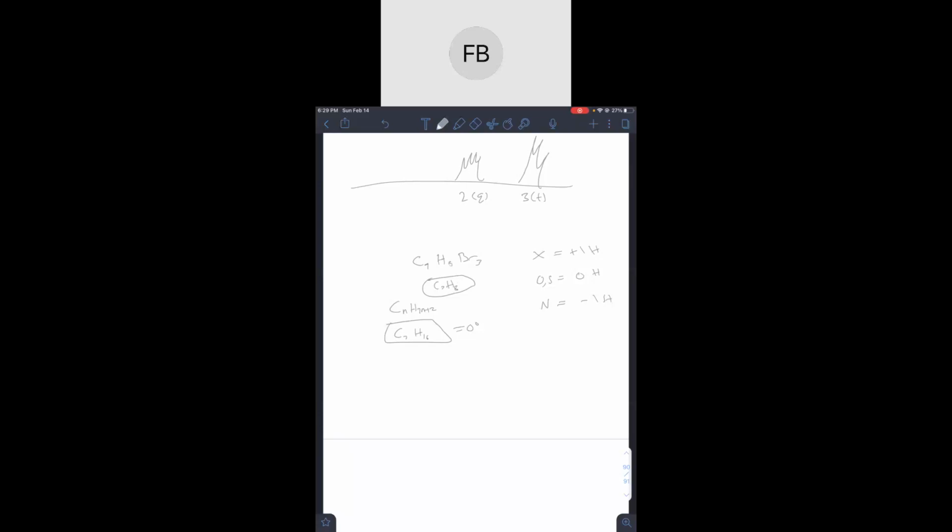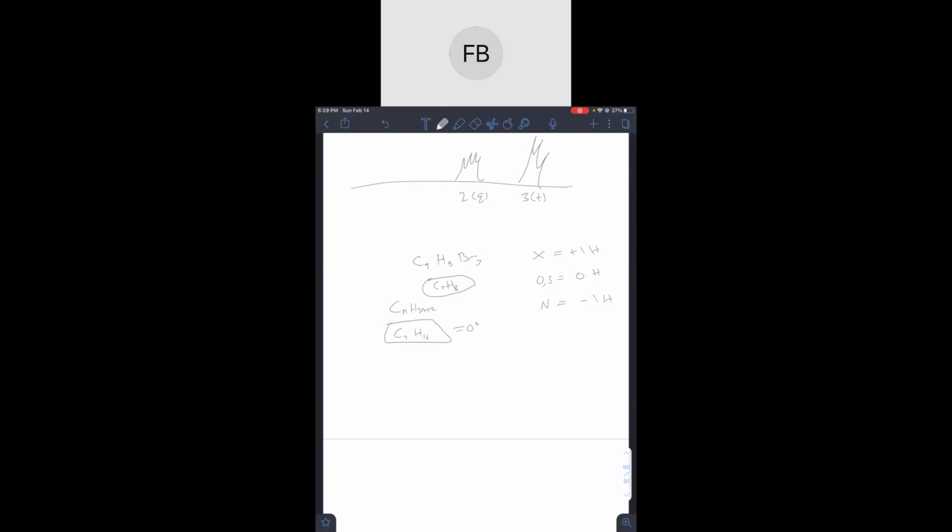Okay. So basically from this point on, we just need to figure out how many degrees of unsaturation. Every time you subtract 2, that's 1 degree of unsaturation. So in order to get from 16 to 8, that would be a difference of 8 hydrogens.